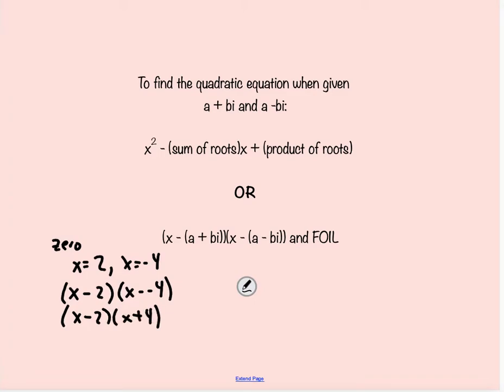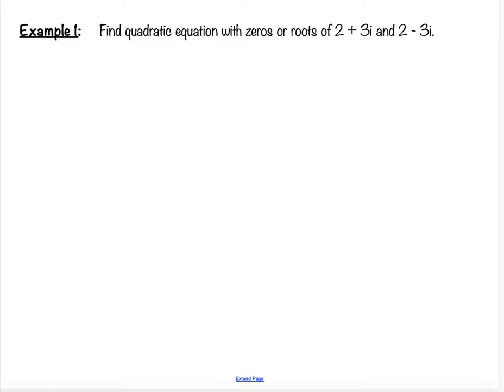And then we could just go ahead and fold that out and get the answer. So in this case, if there were i's in there, then you would have its conjugate. But these are just regular real numbers, so that doesn't necessarily apply. But that's how you write it out.